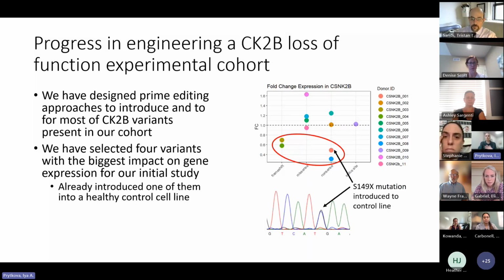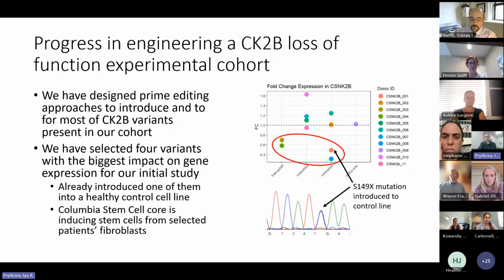And we already were able to introduce one of them to a control cell line. So we already have an isogenic pair. And then these 4 have also been submitted to the Columbia Stem Cell Core to induce them into stem cells.